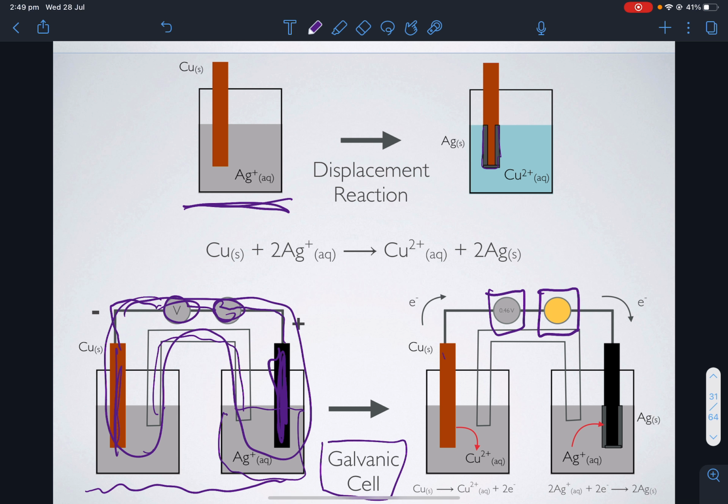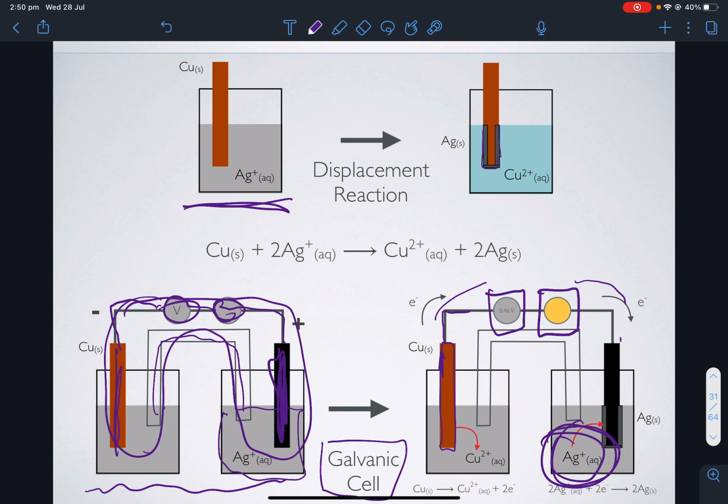We've got copper over this side, solid, and its electrons are being transferred through this wire this way over to this silver solid, which doesn't really matter. But the one that matters is this silver solution. We've got something metal connecting electrically to this silver ion here, okay?